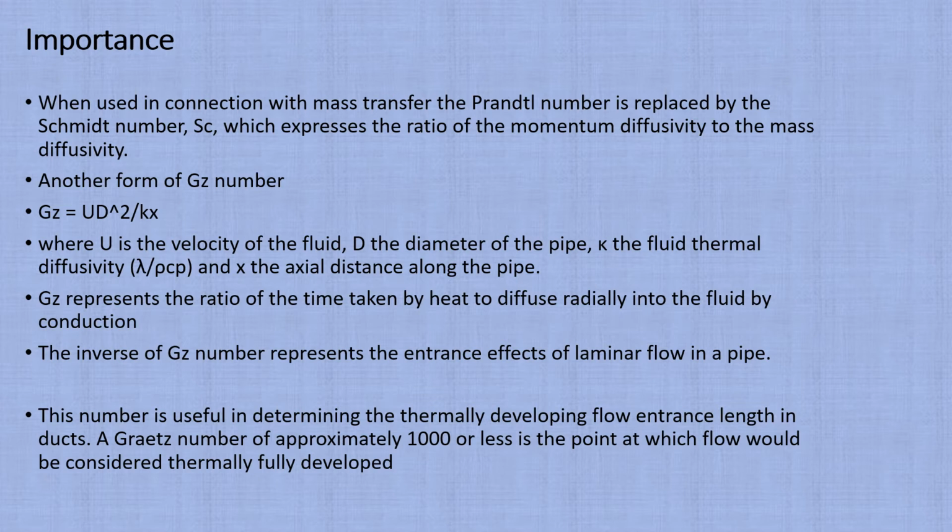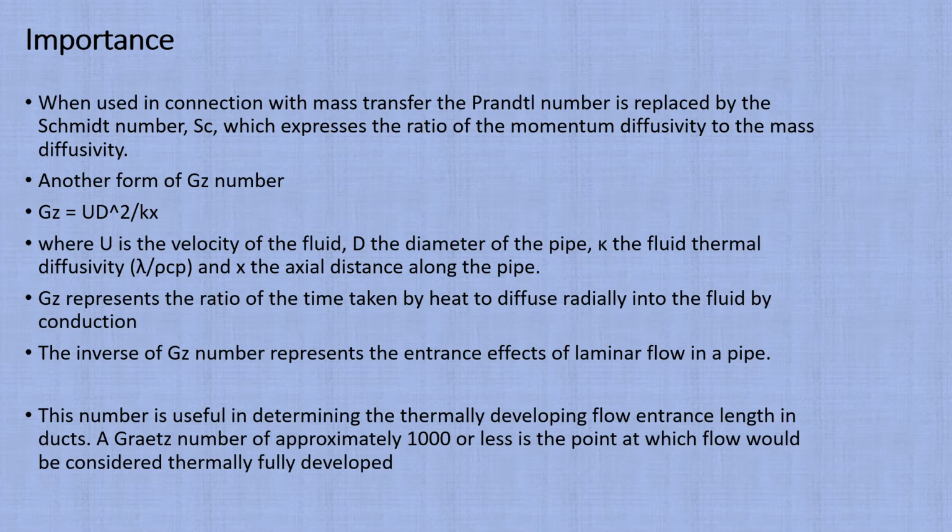So this number represents the ratio of the time taken by heat to diffuse radially into the fluid by conduction. So the inverse of Graetz number is the entrance effect of laminar flow in a pipe.